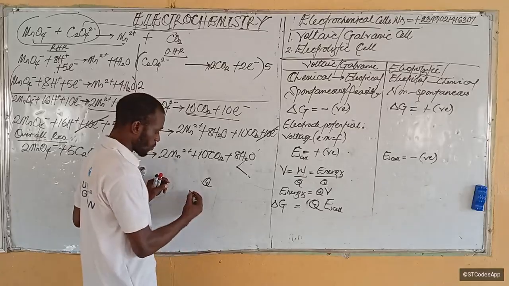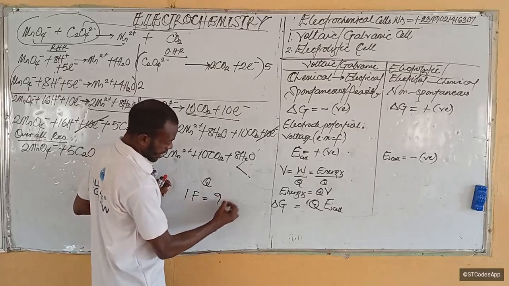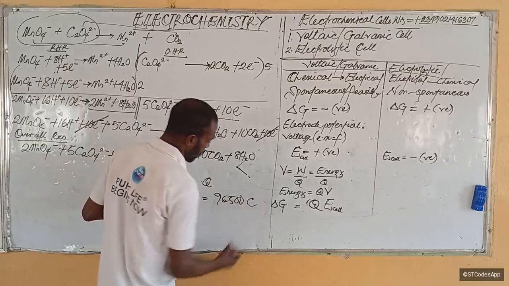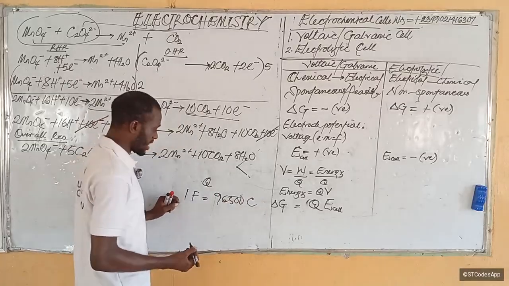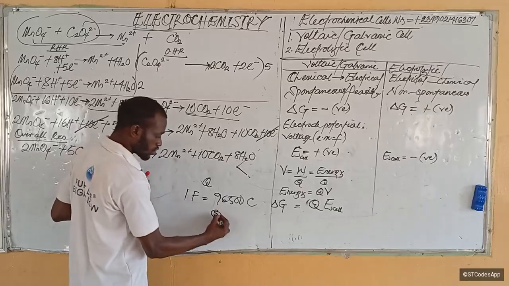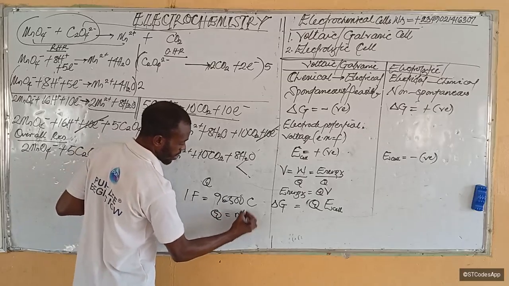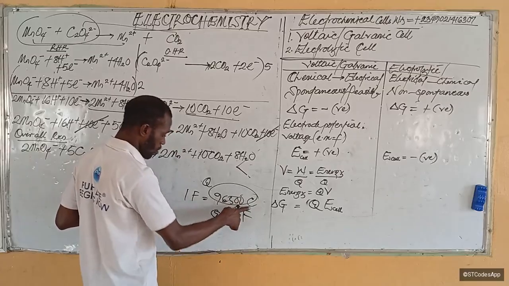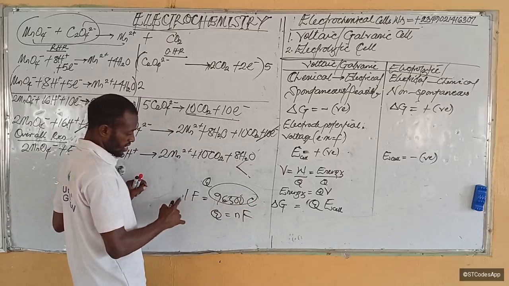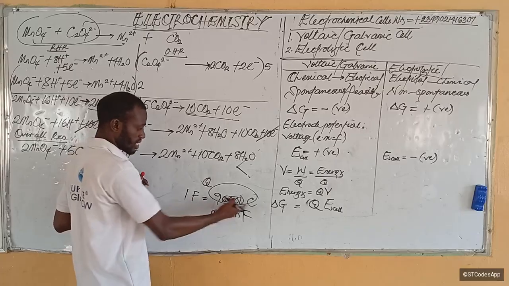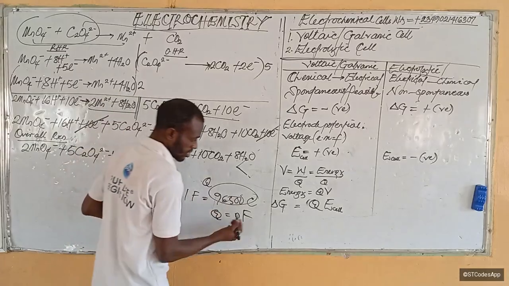You remember that 1 Faraday is equal to 96,500 coulomb of charge. So the quantity of electricity is actually the number of Faraday that is used. This is quantity of electricity in coulomb, and this is the number of moles of Faraday. If it is 1 Faraday, it will be 96,500 coulomb.